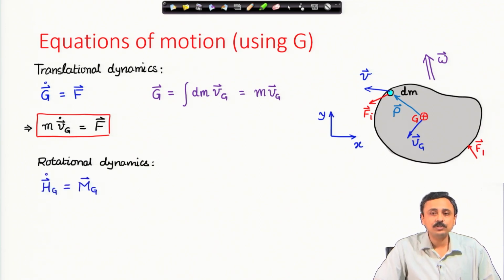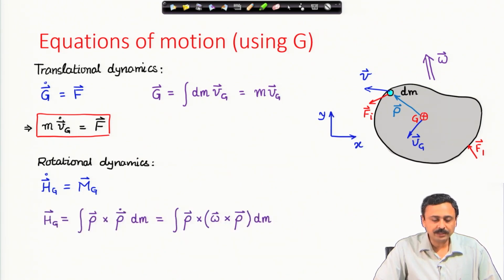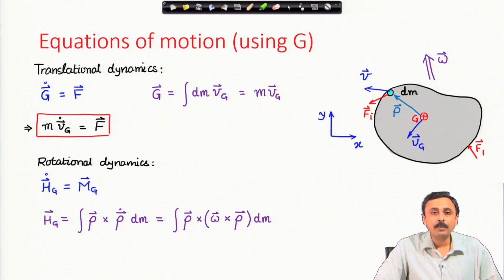For rotational dynamics, we use this point G, the center of mass, and we have looked at this derivation. The rate of change of angular momentum about the center of mass must be equal to the net moment of all forces about the center of mass. How do we define angular momentum? This is how we define it about the center of mass. Rho is an arbitrary vector from the center of mass to an arbitrary particle dm shown here in the figure, and angular momentum is nothing but the moment of the linear momentum of this particle.